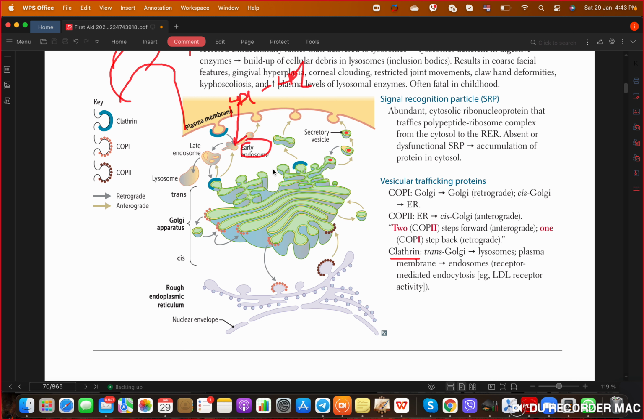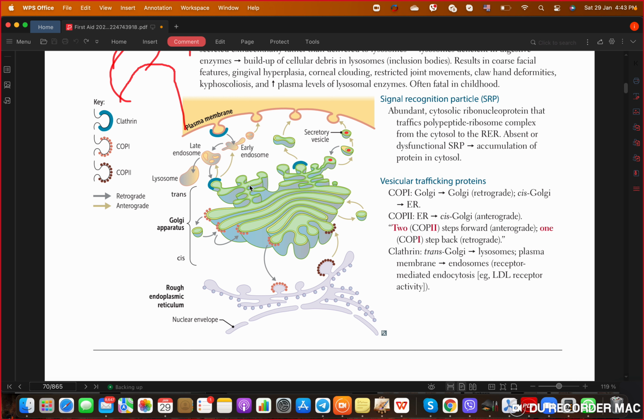Okay, Doc. Okay. So, can you once again explain clathrin, Doc? So yeah, clathrin helps for the cell trafficking, and it can move between so many structures. For example, it can move stuff from the trans area of the Golgi to the lysosome for destruction.